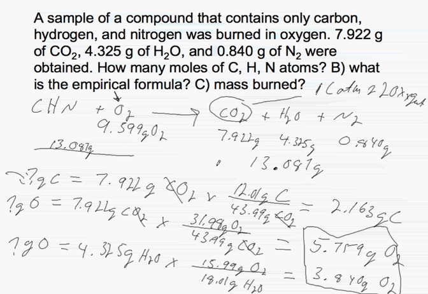Knowing that information, I can simply subtract 13.087 grams minus 9.599 grams, and that will give me the amount of the substance: carbon, hydrogen, and nitrogen. So I'm subtracting 9.599 grams from 13.087 grams. That would give me an answer of 3.488 grams. So this is how much my substance is, which answers part C of your question.